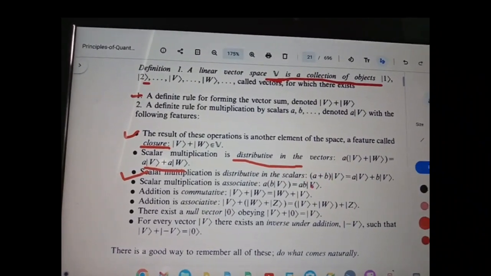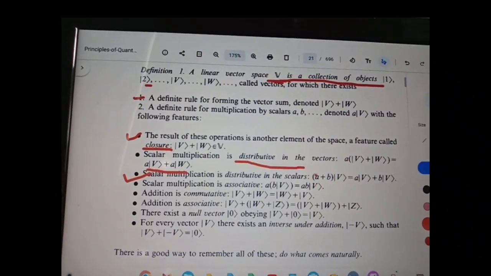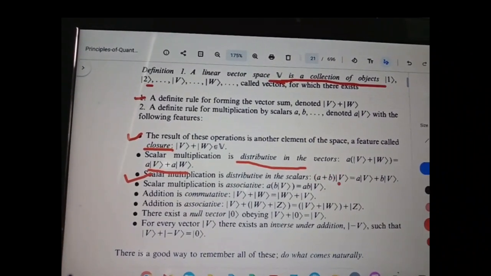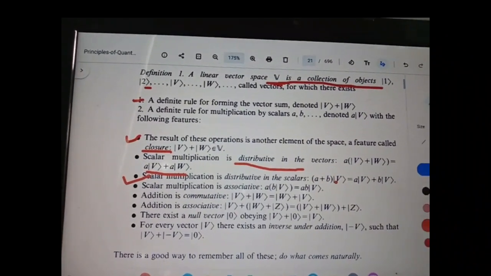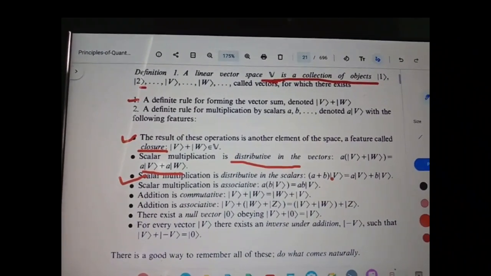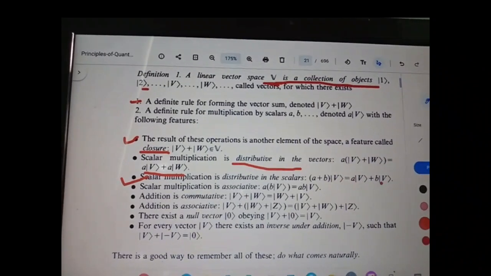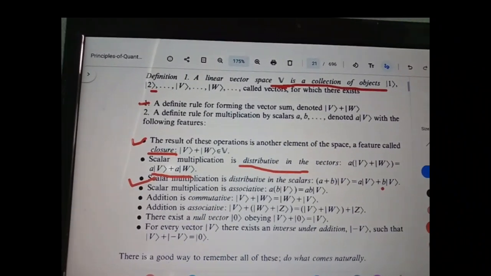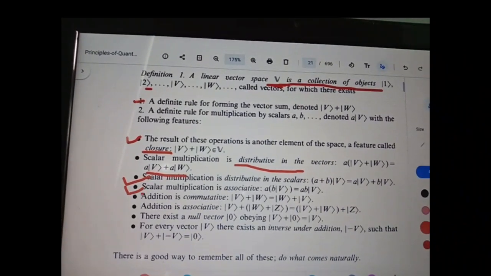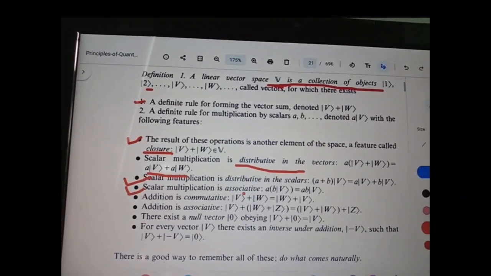If we have two scalars a and b, and we multiply the sum of a and b with the linear vector space v, then it shall follow, as we know from the simple law of multiplication, a v plus b v.